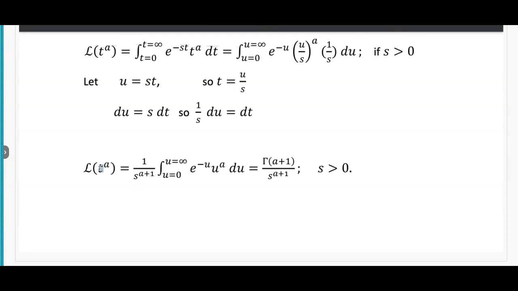Right. So we have seen t squared, right? t squared. So a equals 2. So gamma of 3, which is 2 factorial, which is 2, over s raised to 3.